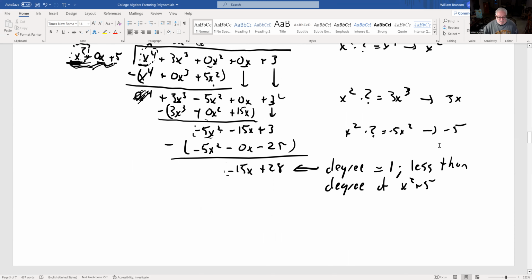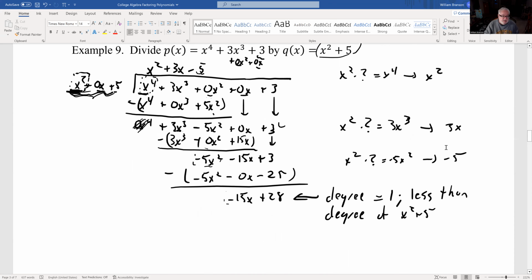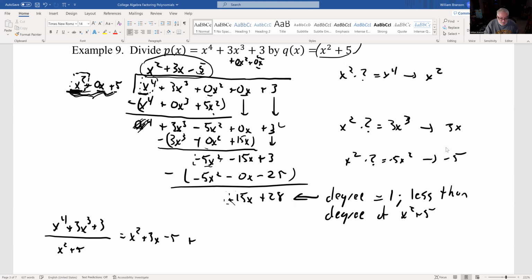So we can write this in two ways, right? We can either say that x to the fourth plus 3x cubed plus 3 divided by x squared plus 5 equals that thing, x squared plus 3x minus 5, plus the remainder, which is this, minus 15x plus 28 over whatever we're dividing by.